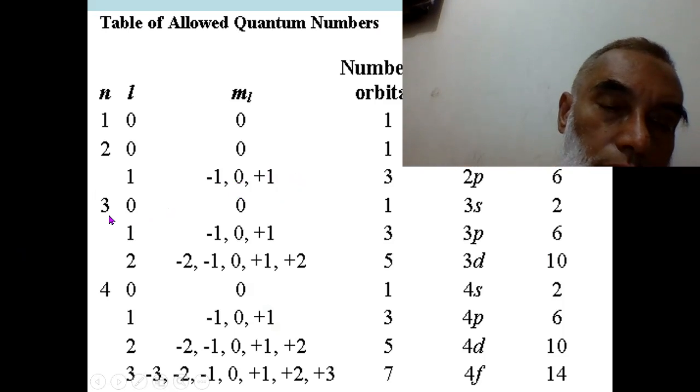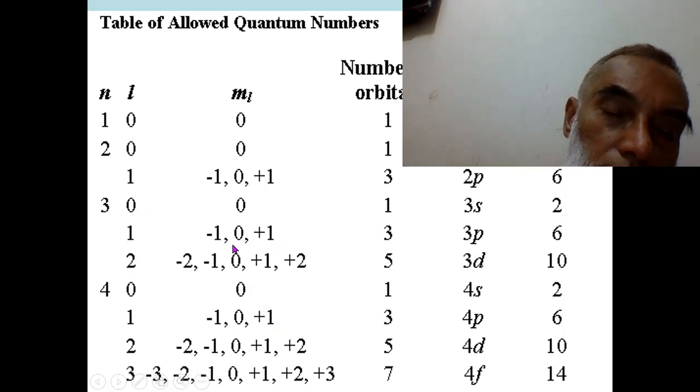For principal quantum number 3, 0, 1, 2 will be its azimuthal quantum number or subsidiary quantum number, and for subsidiary quantum number 0, its magnetic quantum number will also be 0. For 1, it will be -1, 0, +1. That is twice 1 plus 1, that is 3.